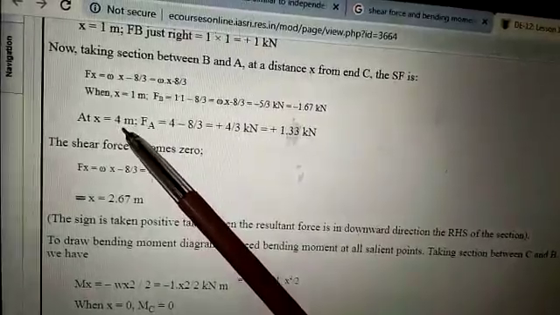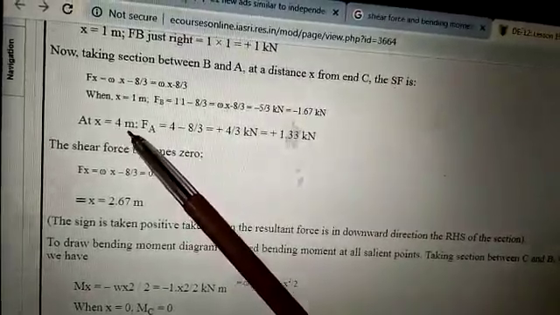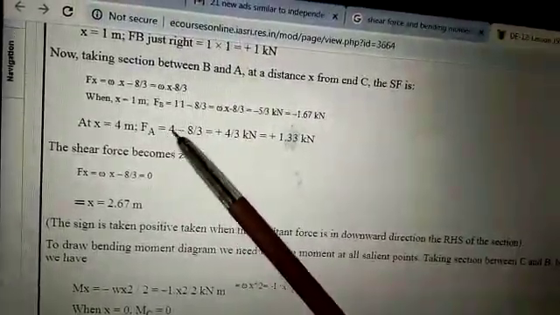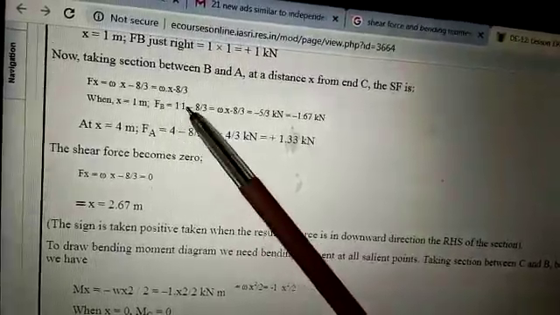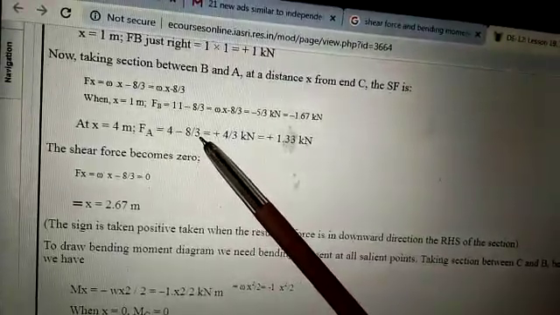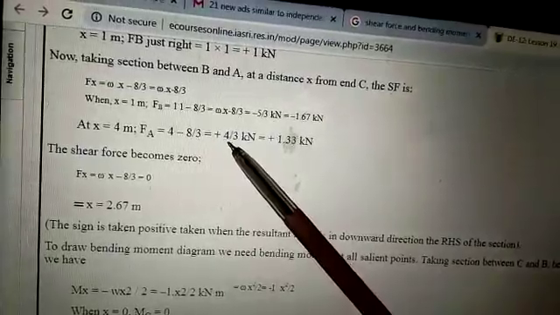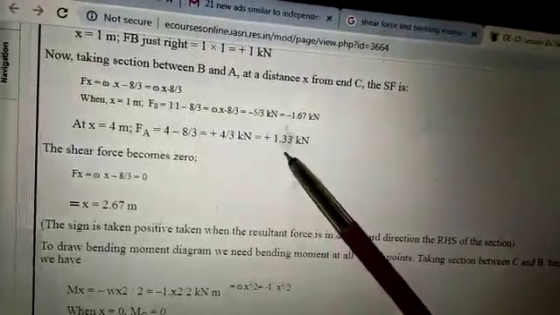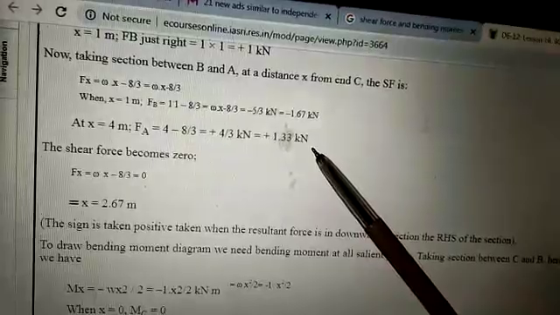Now we will calculate the shear force at a distance of 4 meter, that is point A. So FA will be equal to 4 minus 8 by 3, that is equal to plus 4 by 3 or plus 1.33 kilonewton.